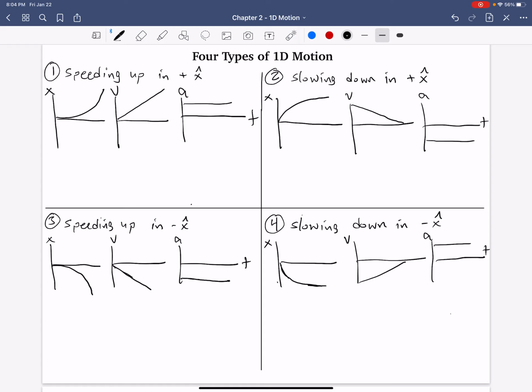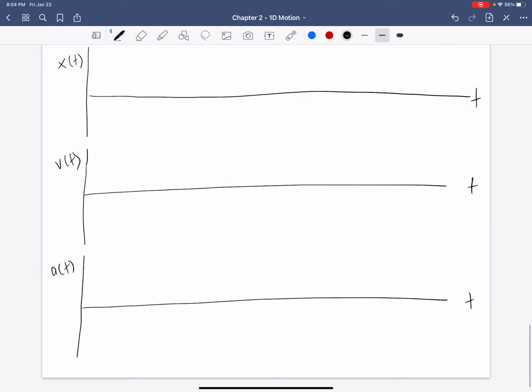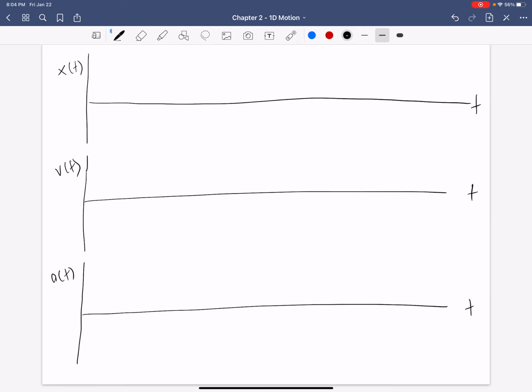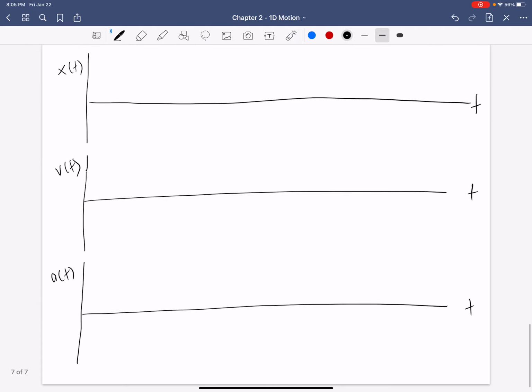All right, so in this third and final video, we're going to take a look at synthesizing all four of these scenarios. Okay, so 1 through 4. I'm going to scroll down to this page and we're going to basically copy and paste them end to end, right? So the first one was speeding up in the plus direction.